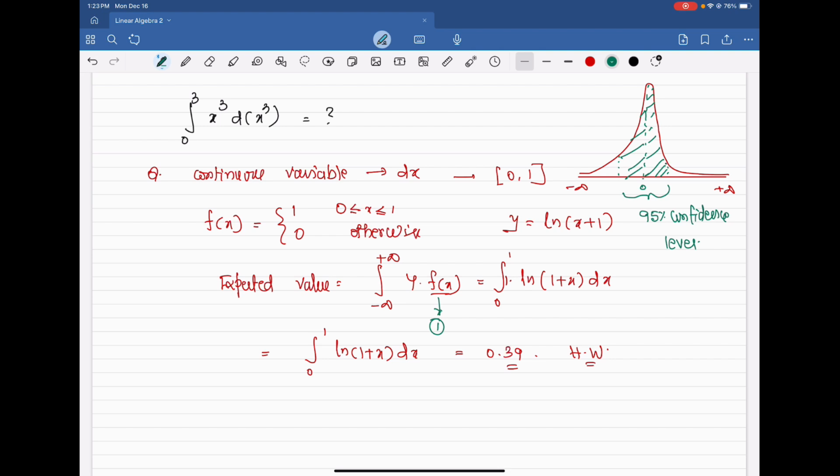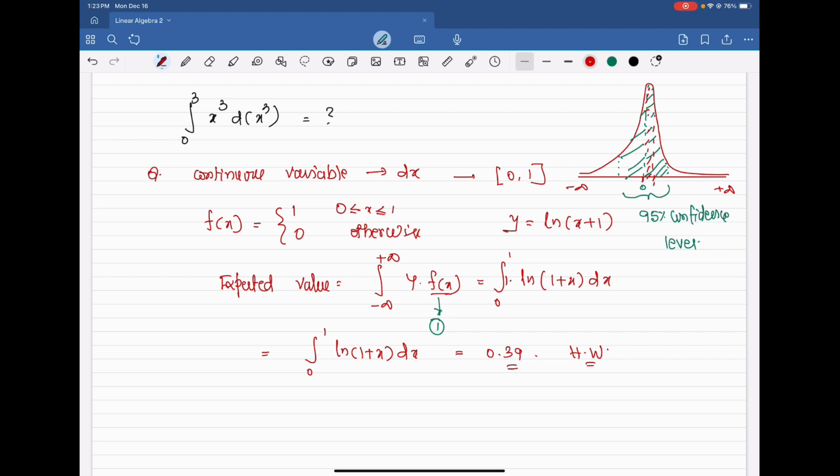Here the expected value is 0.39 if it is from 0 to 1. Let us say this is 0 and this is 1. The probability will be this, and this is how we geometrically see the integration.